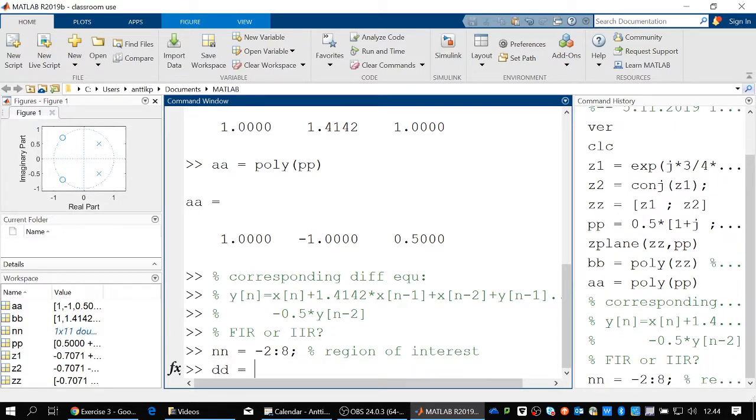Then I make the delta function, simply saying double, nn is 0. So this is the impulse function.